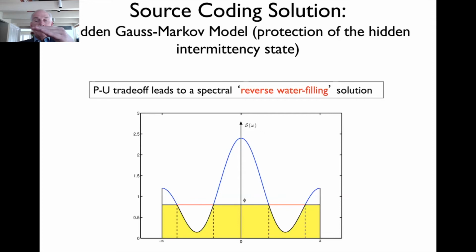And if you move the water level up and down, you trace out the efficient frontier. So a lower level gives you greater utility and less privacy, and a higher level gives you the opposite. So it's a very clean solution that gives us the utility-privacy trade-off in that problem.